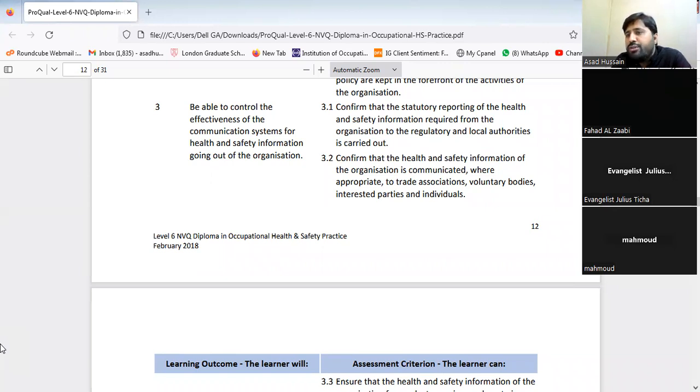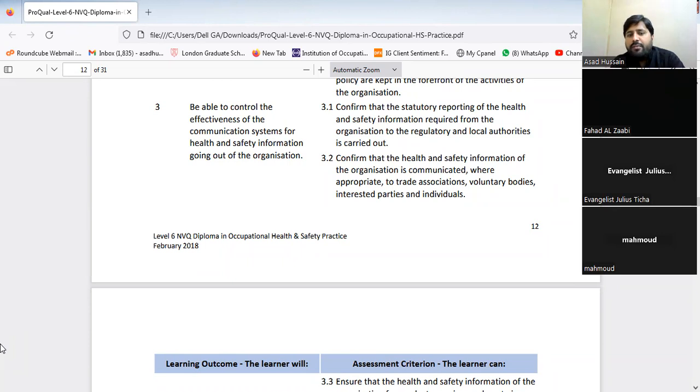So you should have a control. It is not that you are sharing everything externally, or sending everything out of the organization. It is not a good practice. You should have a control on what type of information is effective, and you only have to release that.